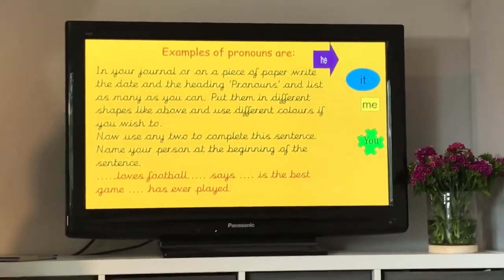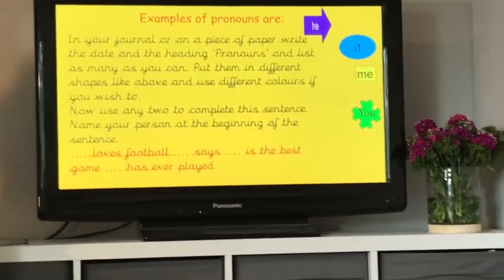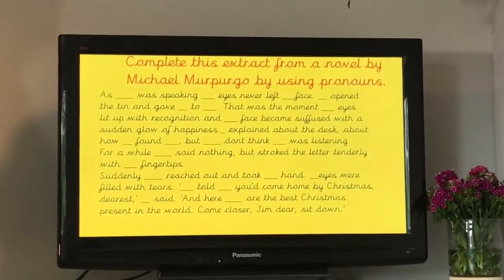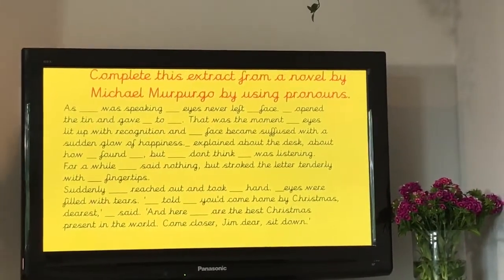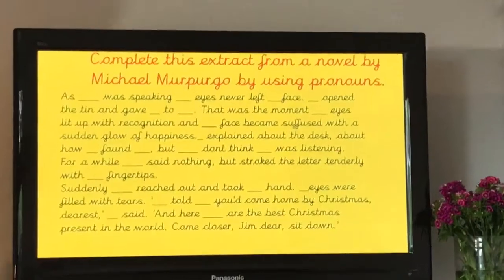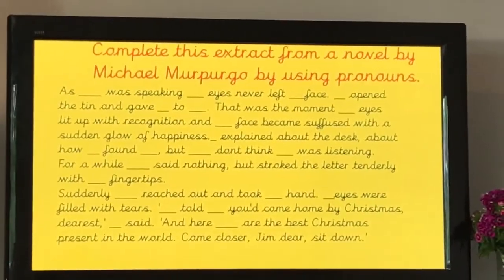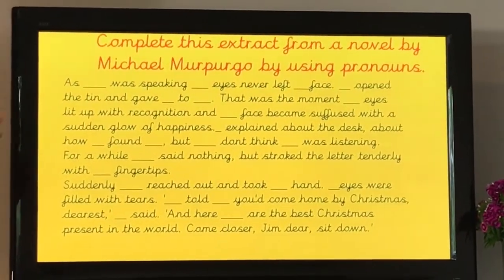So well done. Let's have another look at an extract from a book now that you actually might recognise. Complete this extract from a novel by Michael Morpurgo by using pronouns. Now, this is at the end of this book. Year 5 have just done it recently this year, this Christmas just gone.